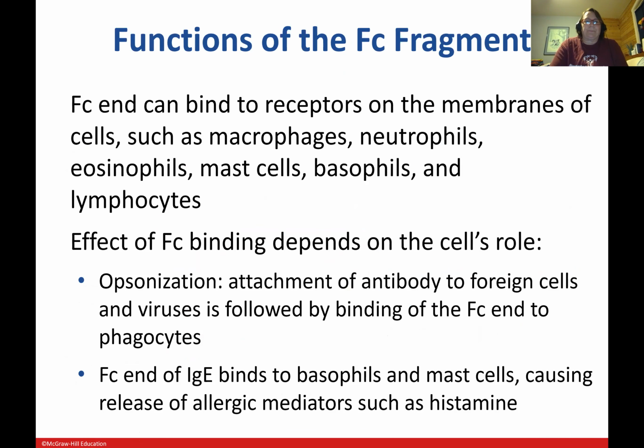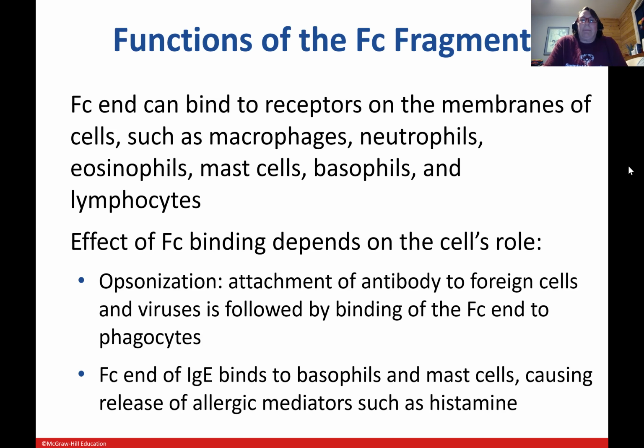Okay. So that Fc end that we were just talking about can bind to receptors on the membranes of certain cells, such as macrophages, neutrophils, eosinophils, mast cells, basophils, and lymphocytes. So all different sorts of white blood cells. Now, the effect of the Fc binding on the cell membrane depends on the cell role.